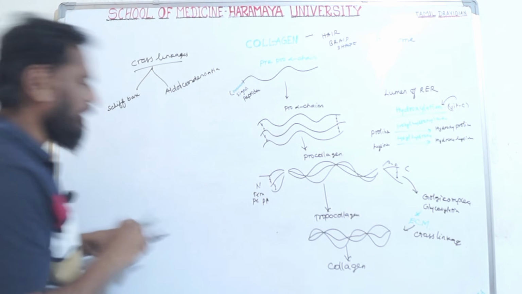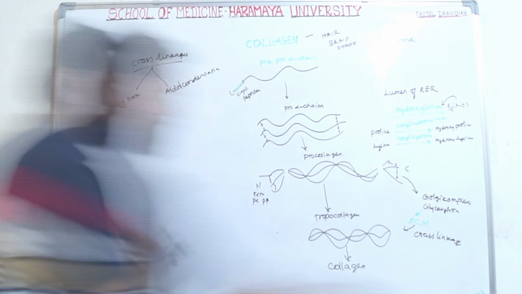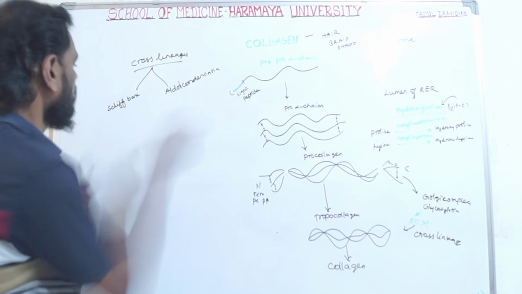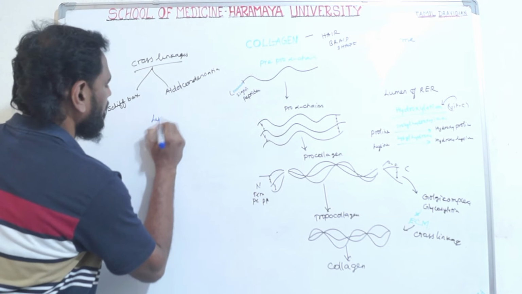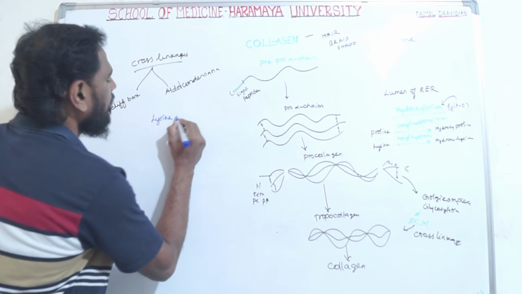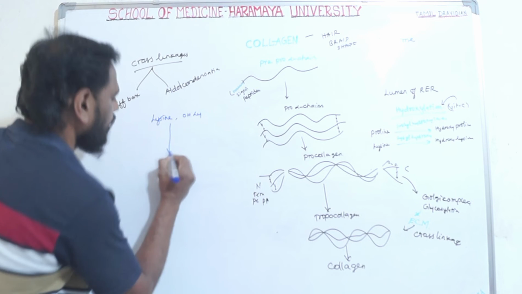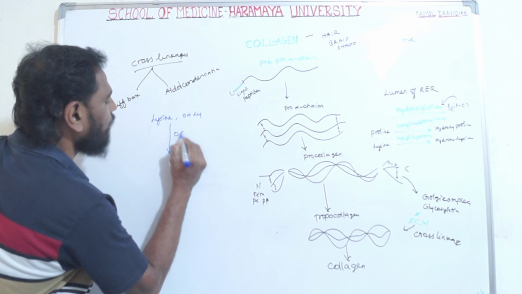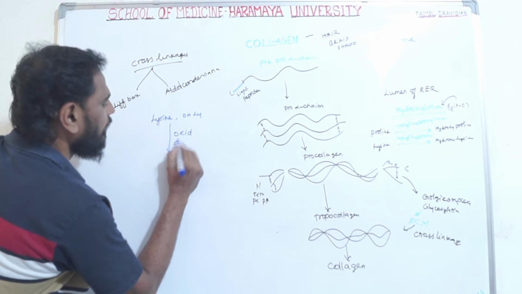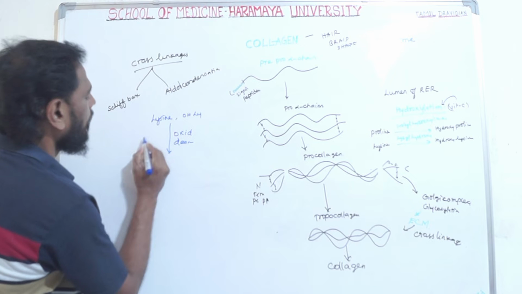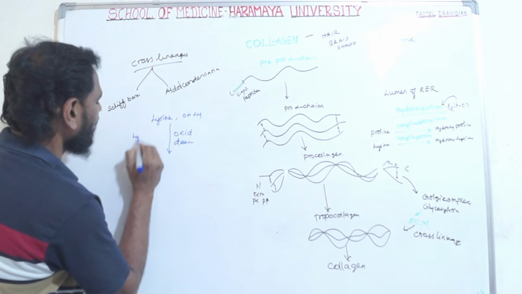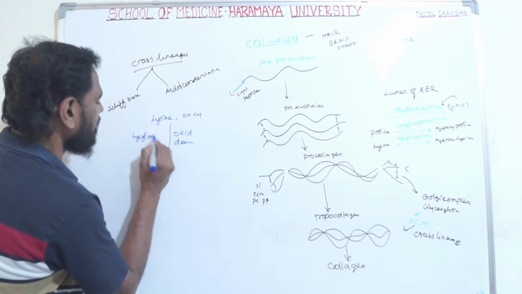Now what is the meaning of aldol condensation? We will see now. There is lysine amino acid and hydroxylysine amino acid. They undergo oxidative deamination by the enzyme called lysyl oxidase.